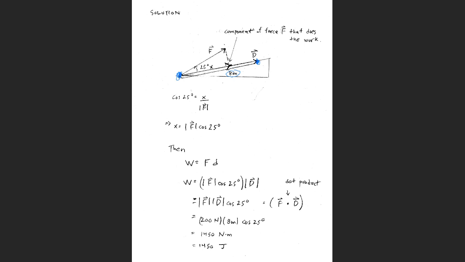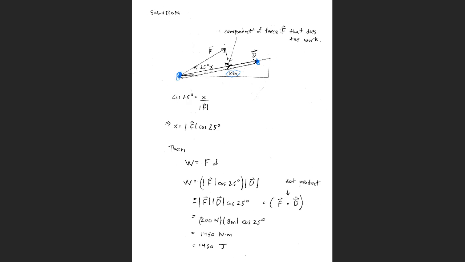I want to be a little bit careful because I know you're thinking gravity and all that. But what moves the crate along the ramp? Well, it's a force that is parallel to the ramp.